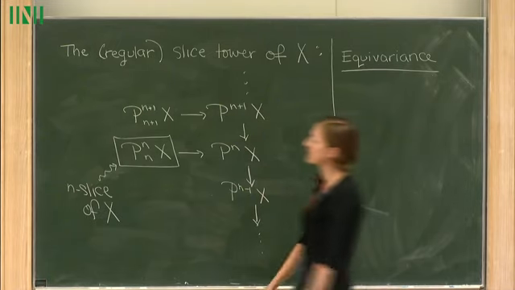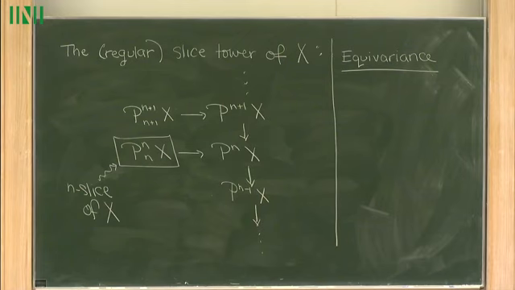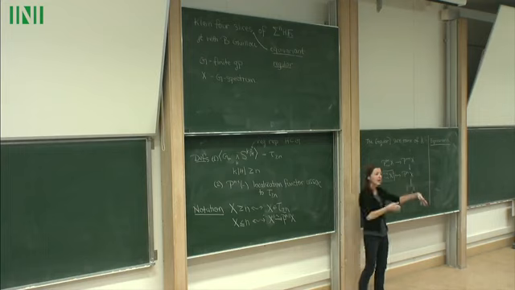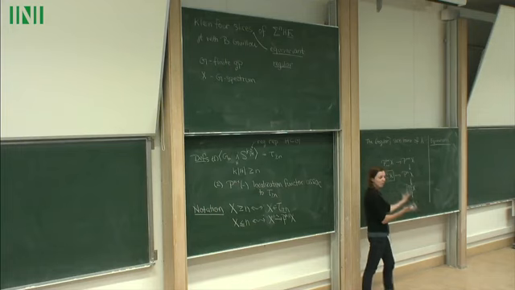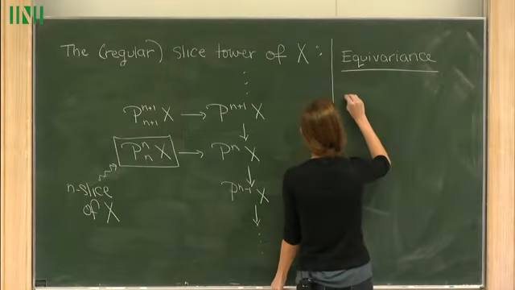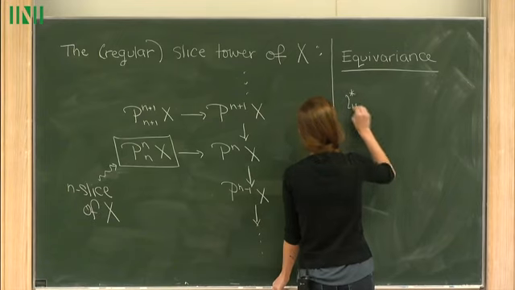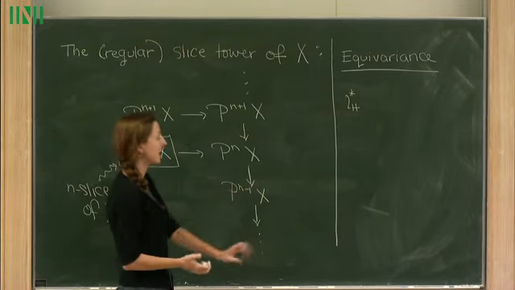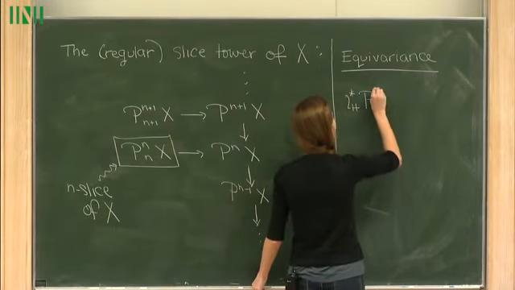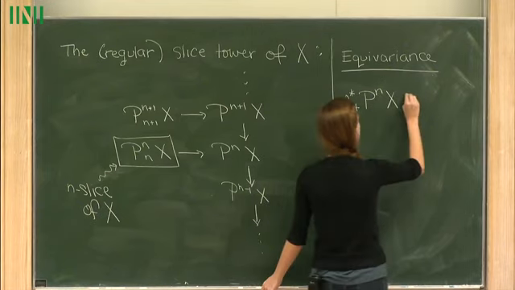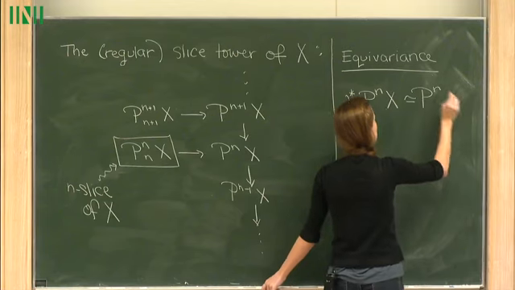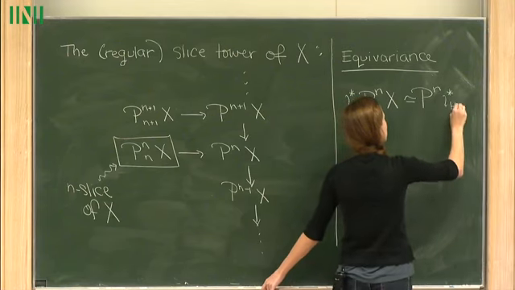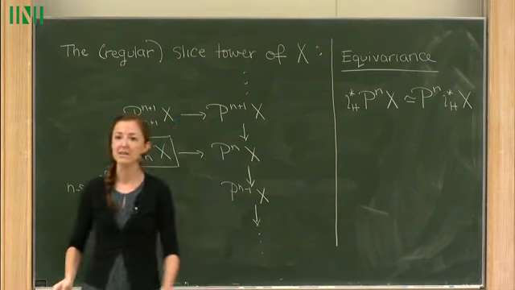So we've built things out of all of these H objects induced up to G objects, and if we forget down to each subgroup H, we're actually going to recover the slice tower for a subgroup H. So if I write this i star H, as I'm taking some G spectrum and thinking about it as an H spectrum, if I apply that to the tower, I will actually get the tower for X thought of as an H spectrum.